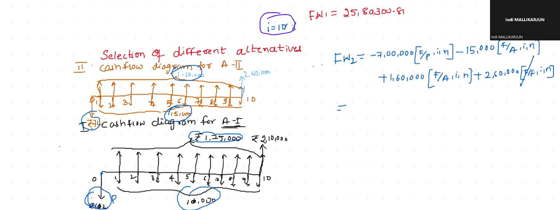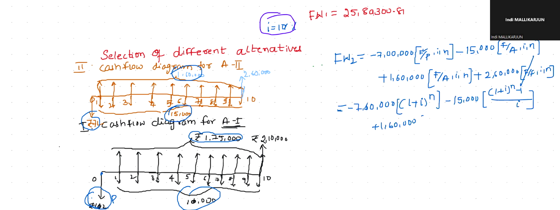Now minus 7 lakh rupees into future value for given present value, that is 1 plus i power n. Next, minus 15,000 into 1 plus i power n minus 1 divided by i. Next, plus 1,60,000 into 1 plus i power n minus 1 divided by i. Next, plus 2,60,000.